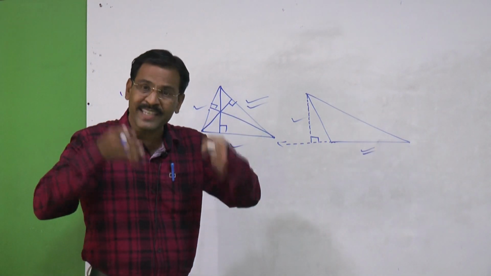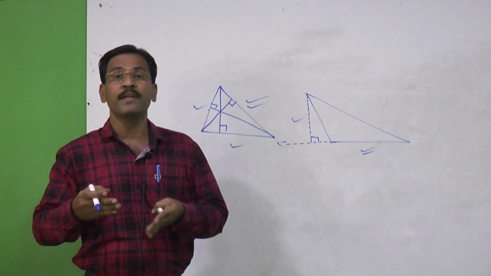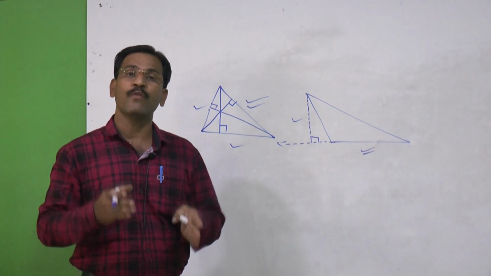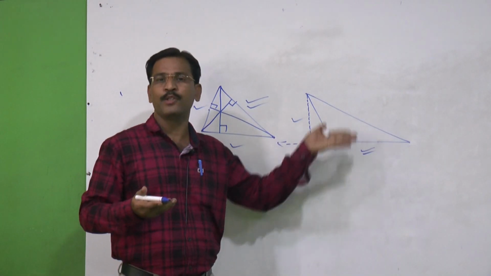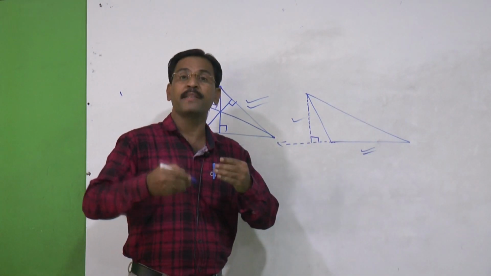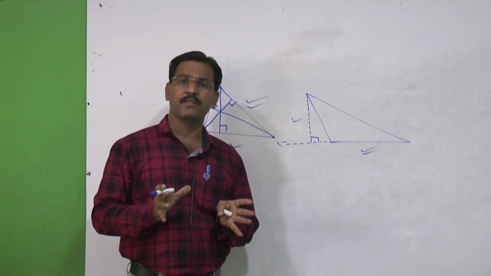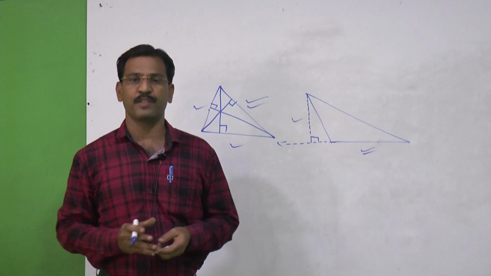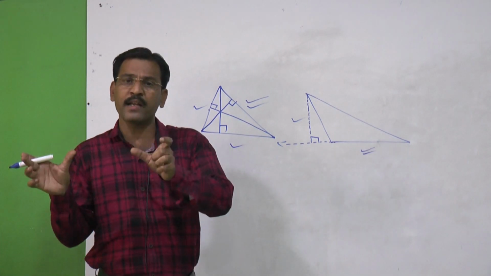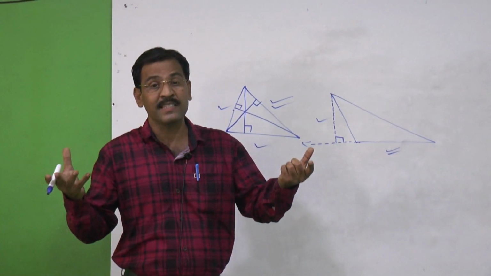Because of this formula, we are going to take the ratio of areas of two triangles, and by using this formula, half into base into height, we can find the ratios. But friends, whenever there are two triangles, there are four options. First, the two triangles have different bases and different heights.